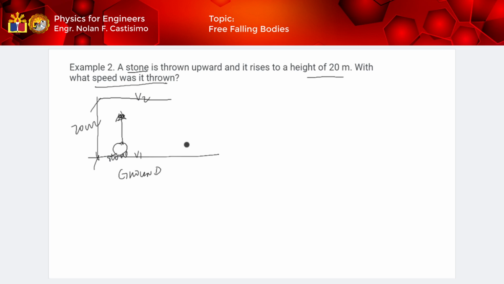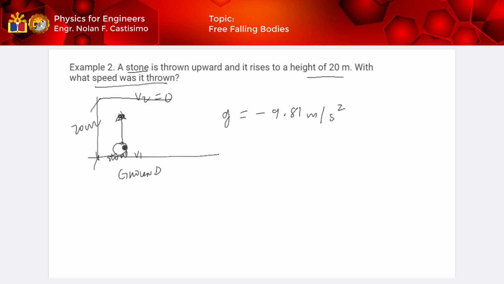Okay. So, lagay natin yung given. So, andyan yung 20 meters. And our G is equivalent to negative 9.81 meter per second square. Okay? So, ang V2 naman natin ay magiging 0. Bakit?